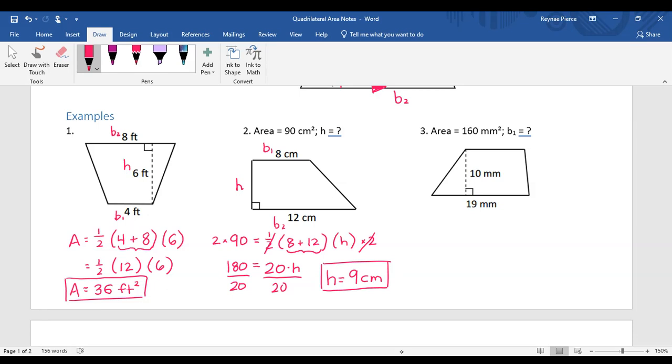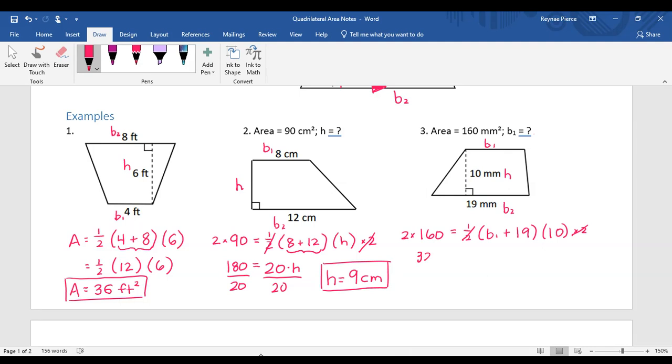Okay. Last one here. This one's a little different because we are missing one of our bases. 10 is my height. 19 is my second base. My area is 160. I don't know my first base. My second base is 19. My height is 10. And again, I like to get into the practice of multiplying both sides by 2 to eliminate the 1/2.